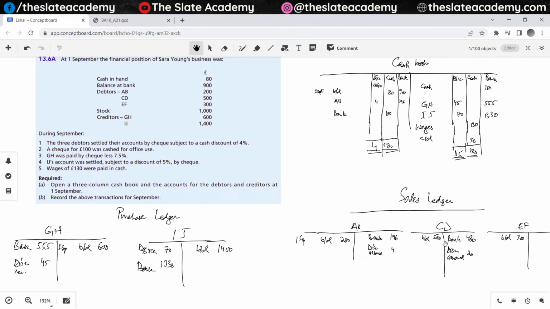Yes, 12. That would be discount allowed, and bank will be how much? 300 minus 12, 288. Okay. So let's write down these amounts as well, how much they will be. Like here where the bank is kept, this transaction, even that would be fine. Otherwise, if I bring it down, since it was given sequentially later on, even that is fine. 4% of 200, yes, that would be 8.